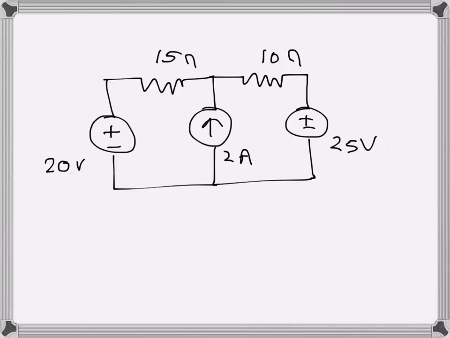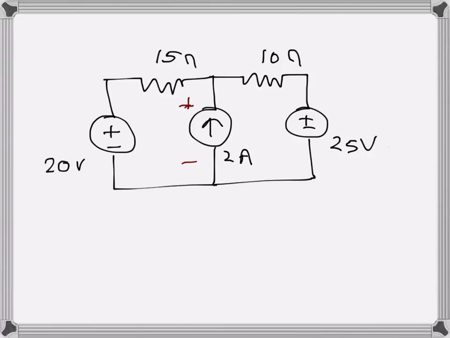node voltage analysis. So what we have to do here, we have to find the power dissipated by this current source. So this is our goal. The current value we know, since it's a current source. So what we need is the voltage drop or rise across it, the voltage associated with it.